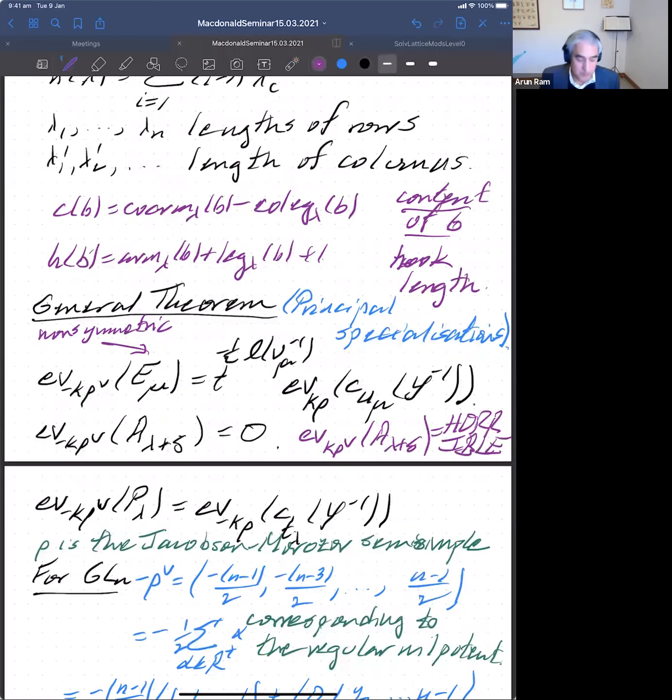It seems to have no meaning. Of course, P lambda is symmetric. So the positive rho check and negative rho check are related to each other by W naught and a dual element. So positive rho check for P lambda still does have a good factorization, but for another reason. But if you take positive rho check for either of these others, you get garbage. So it's very, very sensitive to the rho.